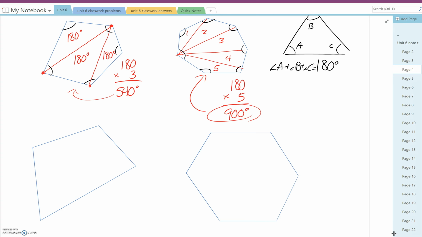All right, so for the one on the left, all you can really do is draw one diagonal, right? Because we don't ever want diagonals to cross. We don't want that. So you could either draw this one or you could draw this one. But either way, you're only drawing one diagonal. So you're going to break this 4-sided shape up into 2 triangles. So you have 180 times 2, which is 360 degrees.